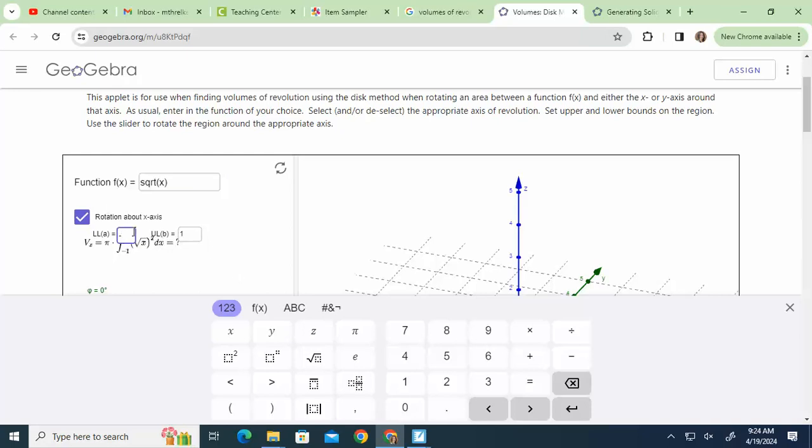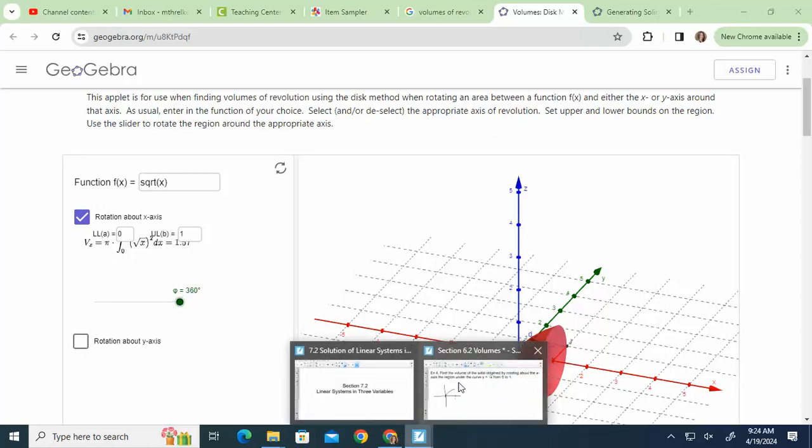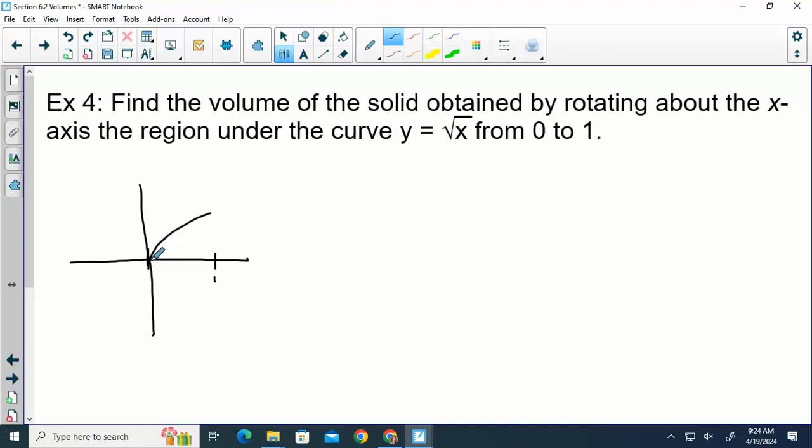We're going from 0 to 1. So that's our graph, and then as we start rotating it, it's forming like a cup or a bowl shape. A cross section is what shape? A circle. That's what we're working on today. All of these are circular as we rotate them. So we would get something like this.